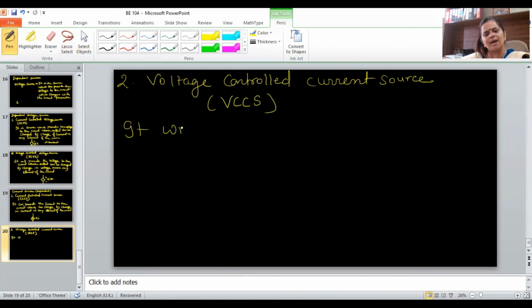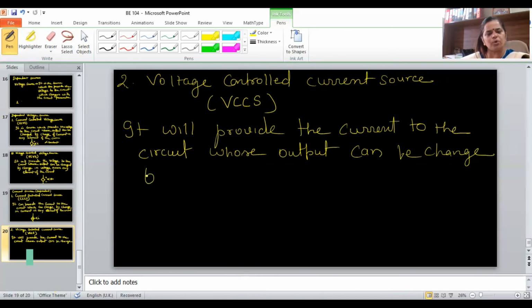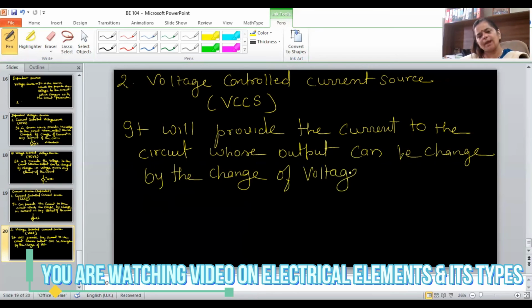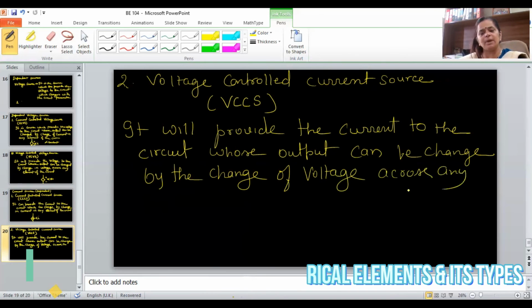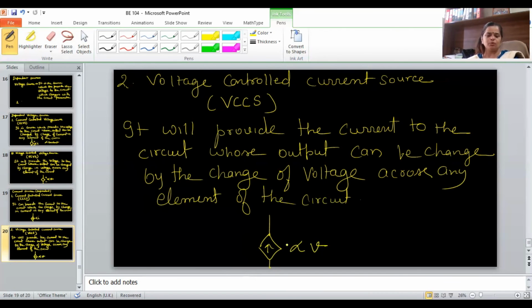It will provide the current to the circuit whose output can be changed by the change of voltage across any element of the circuit. Again, it will be represented like this, alpha into V. So, it is a voltage controlled current source.